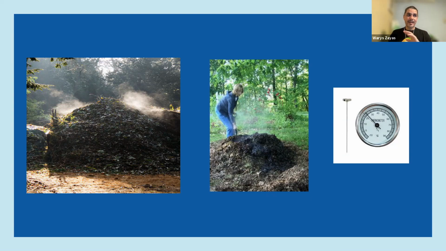You can get a good one in the market for $20 to $30. They can be more expensive, right? But if you will buy one, buy one with enough probe length proportional to the size of the pile you plan to make.